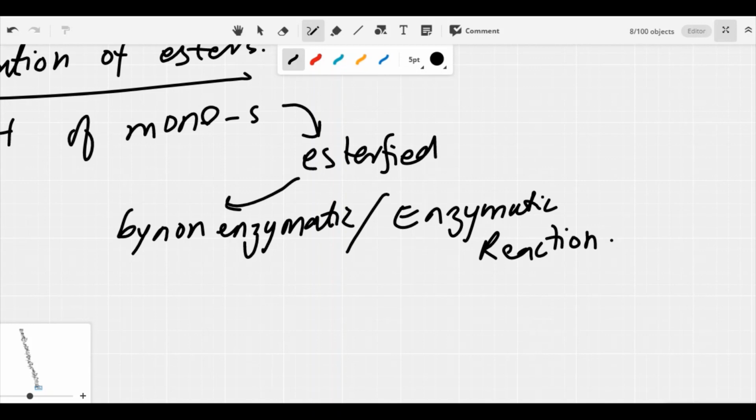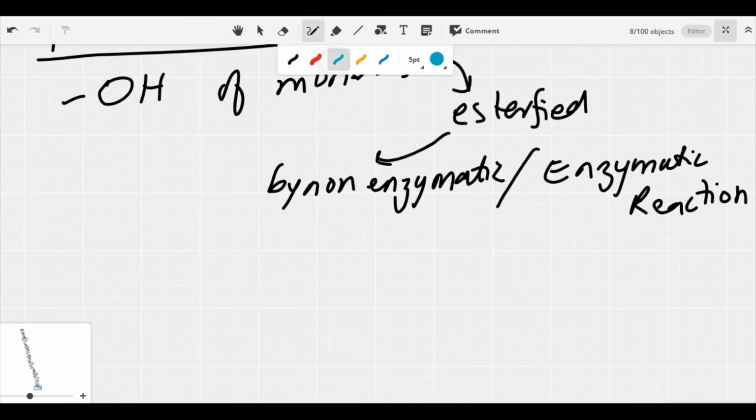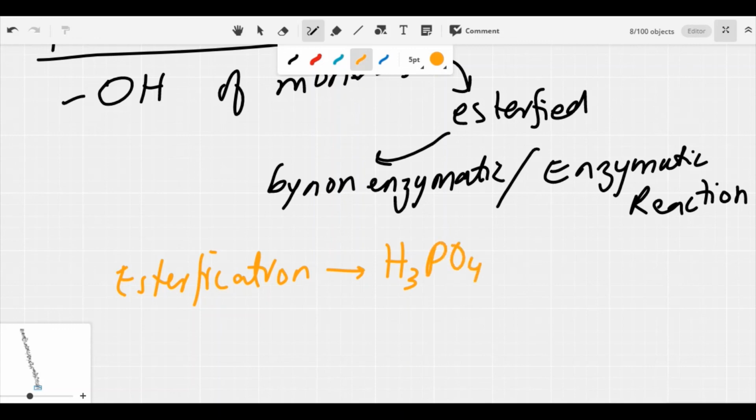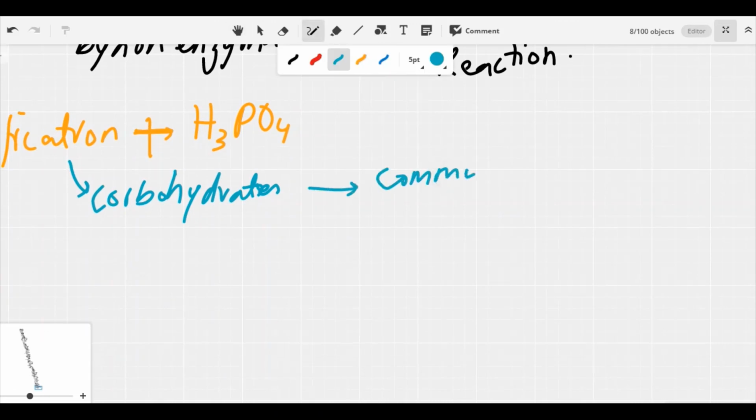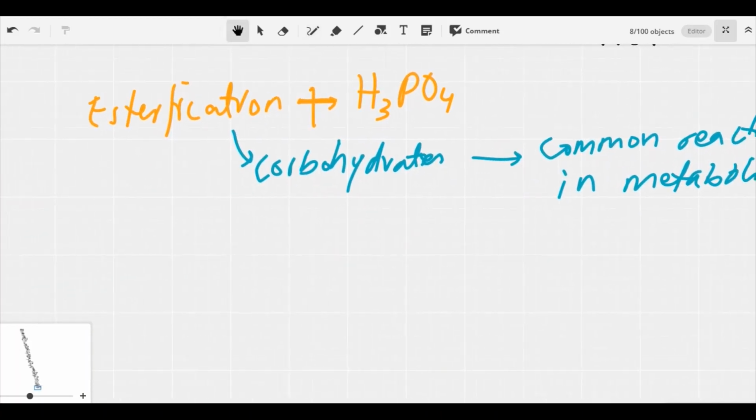Like esterification of carbohydrates with phosphoric acid, which is a common reaction in metabolism.